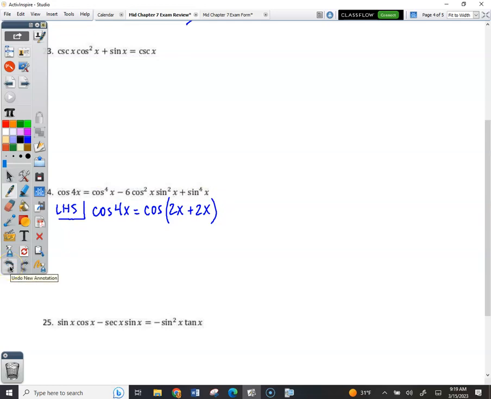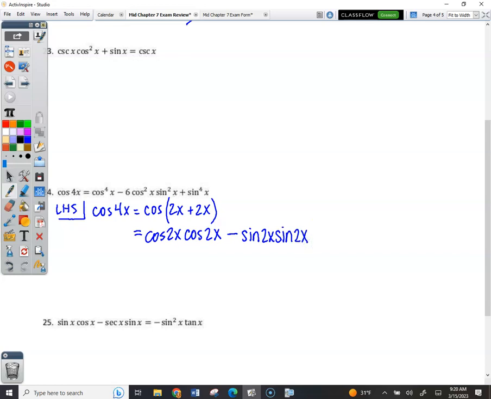So you're going to separate this as the cosine double angle formula using the sum and difference identities. When you have cosine of addition, it becomes cosine double angle minus sine double angle.